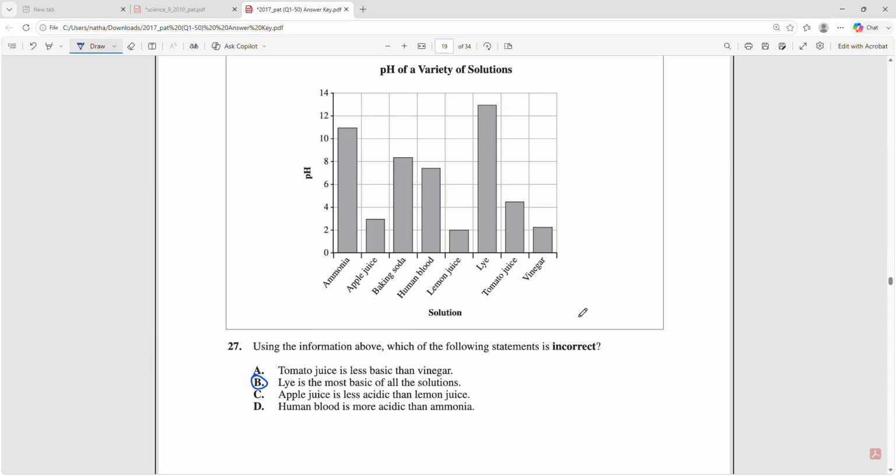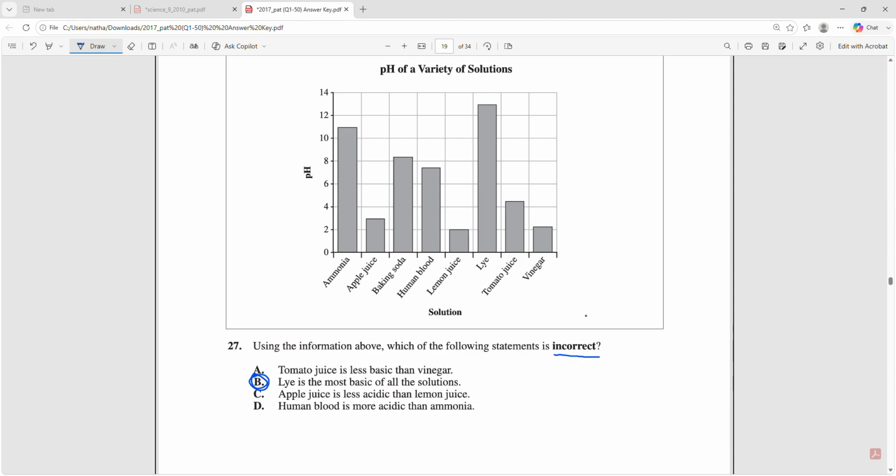Okay, next one. Here we have some pHs of a variety of solutions listed. And it asks us, using the information above, which of the following statements is incorrect. So we could verify these one by one. But the one that is the right answer for this one, which is the incorrect answer, says lye is the most basic of all the solutions.